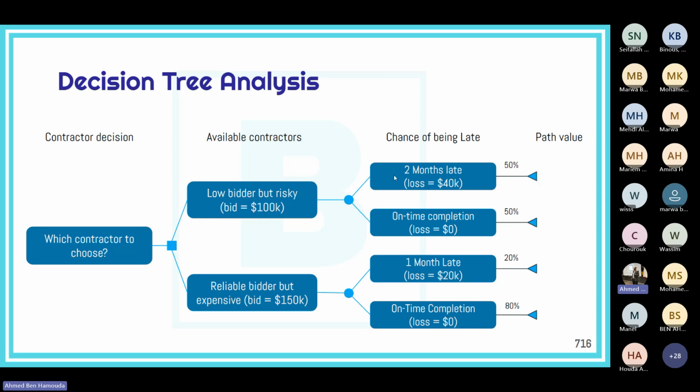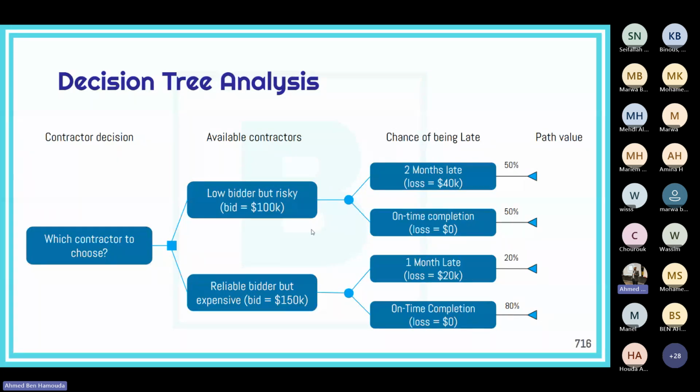Why? Because when we studied their previous projects, we noticed that only 50% of their projects were delivered on time, and the other 50% were delayed with an average delay of 2 months. For us, each month of delay costs 20,000. So a 2 month delay would probably cost us around 40,000.